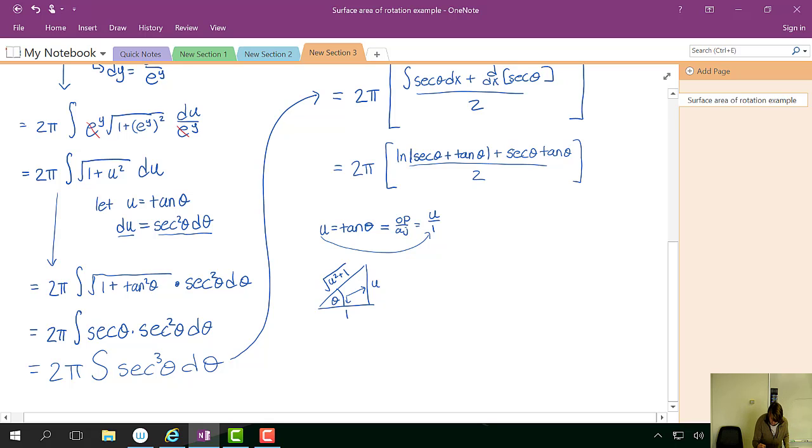So then secant, which is, again, secant's the flipped cosine. So if cosine's normally adjacent over hypotenuse, secant is hypotenuse over adjacent. Which in our case is square root u squared plus 1 over 1.